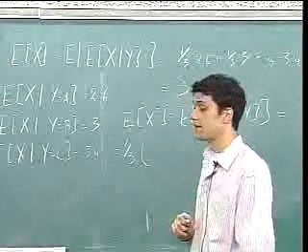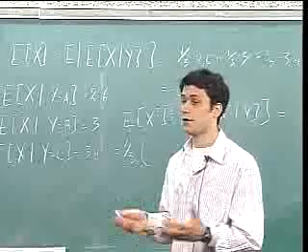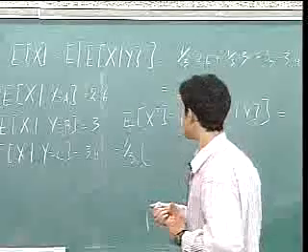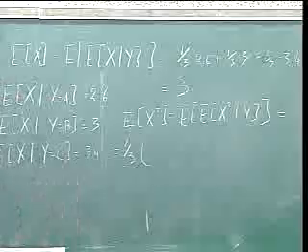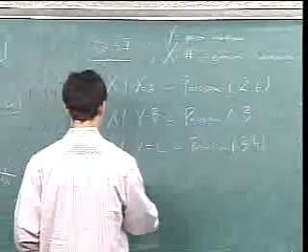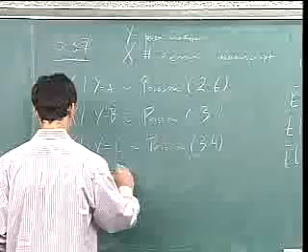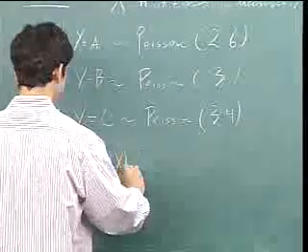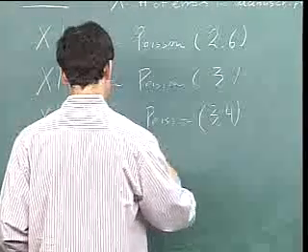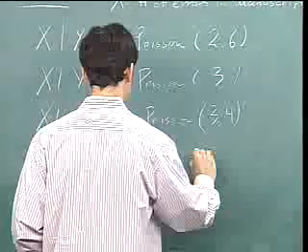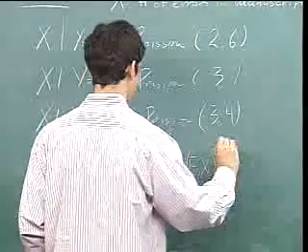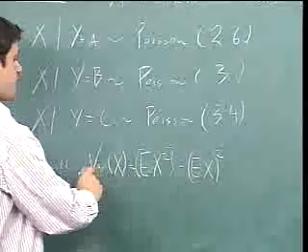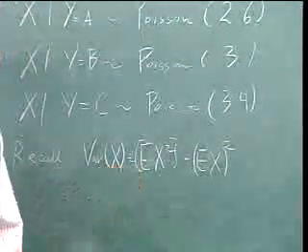Now, what is the expected value of x squared when x is Poisson of some sort? So, let's recall, the expected value of x squared is just the variance of x plus the square of the mean.